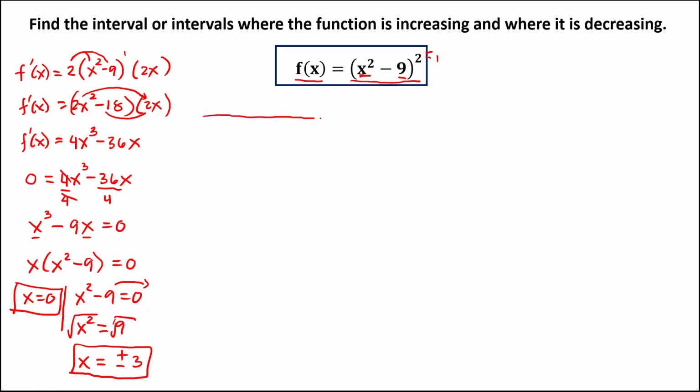So on a number line, to find the intervals, this is 0, then we have negative 3, positive 3, and negative infinity and positive infinity. So the first interval is from negative infinity to negative 3, then negative 3 to 0, 0 to positive 3, and then positive 3 to positive infinity.